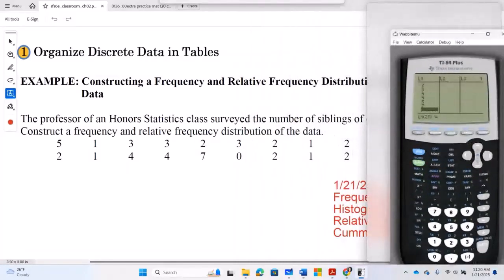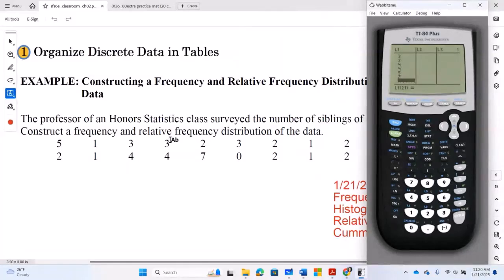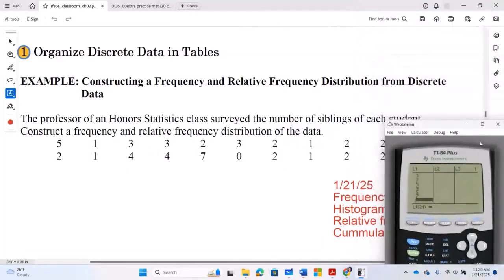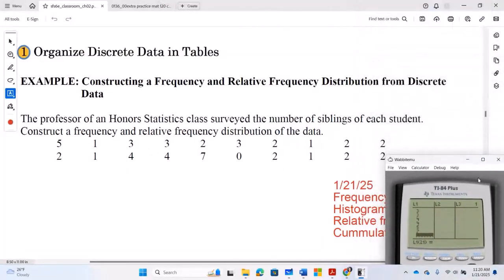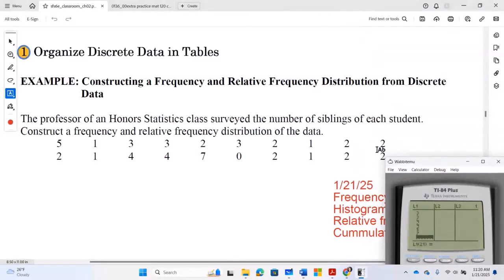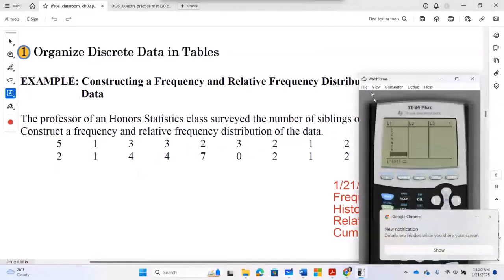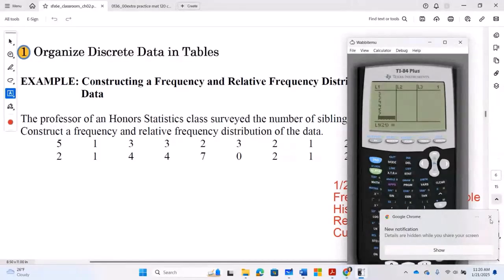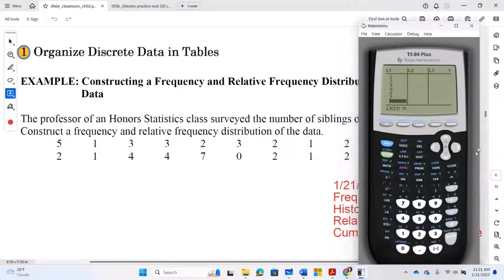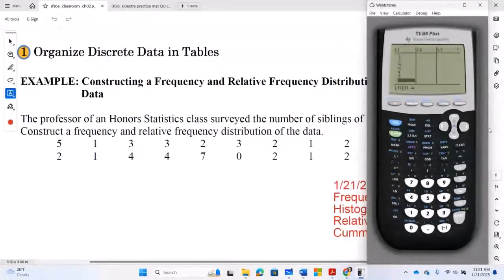I will also check by counting the numbers. You want to make sure that you know the sample size before you start. 1, 2, 3, 4, 5, 6, 7, 8, 9, 10, times 2, 20. So the sample size is 20. The maximum number is 7 and the minimum number is 0.